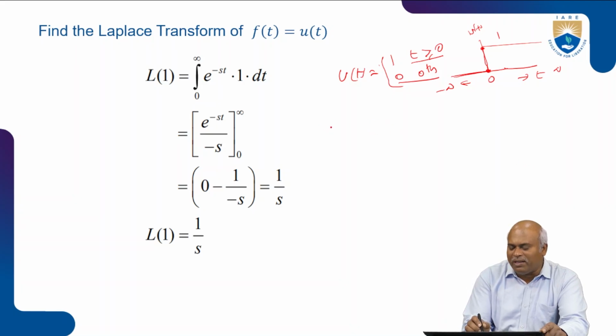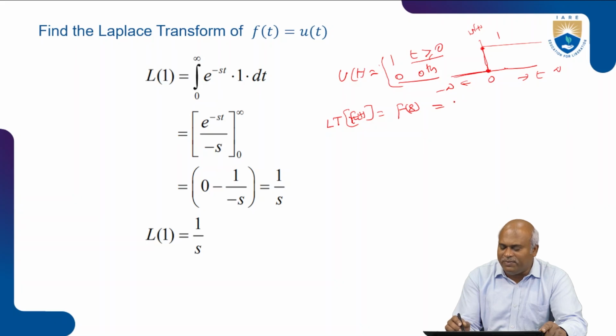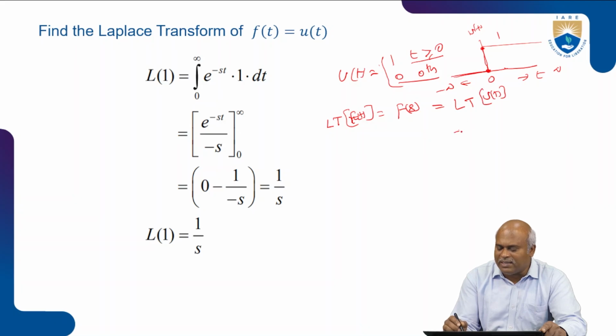Then we need to find the Laplace transform of f of t equal to F of s. This value I represent as the Laplace transform of u of t, which is the Laplace transform of 1.